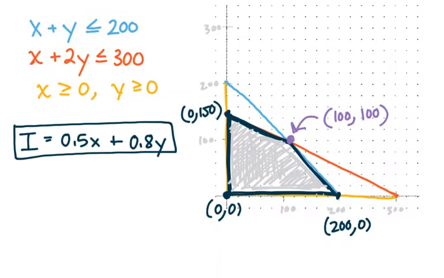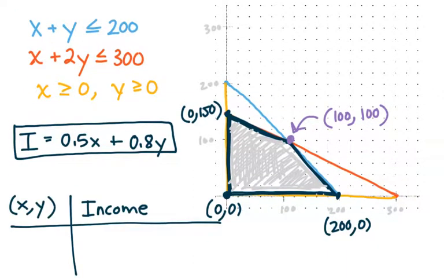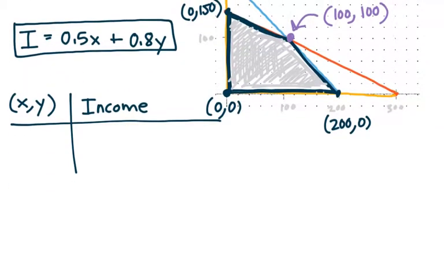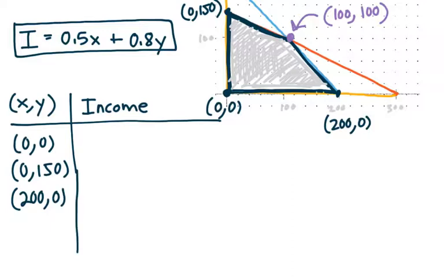So as I've said, we have these 4 vertices here. So I've made a table, and I'm going to look at each of my 4 combinations. Let's see, we've got 0, 0, 0, 150, 200, 0, or 100, 100.